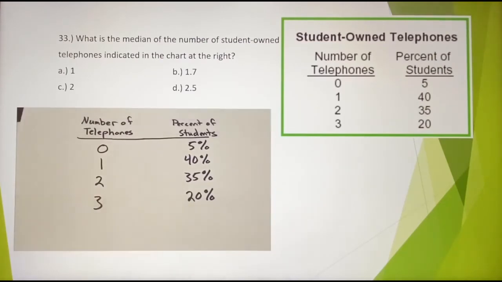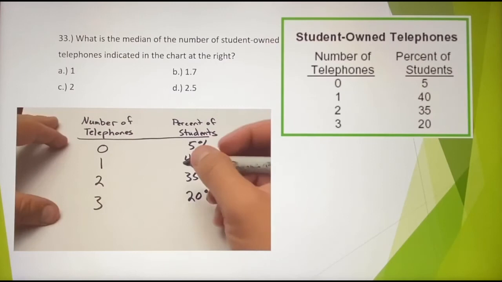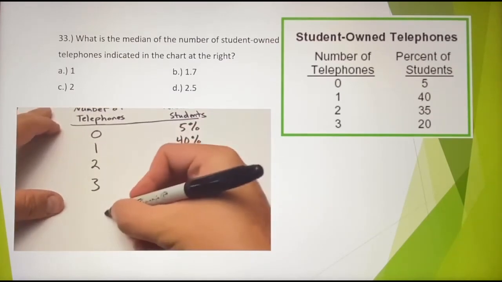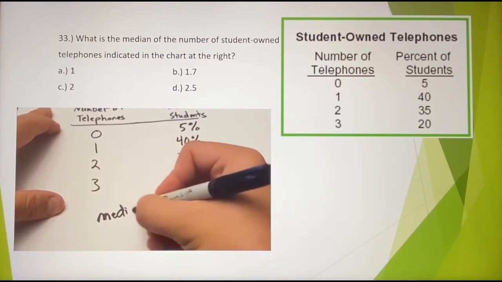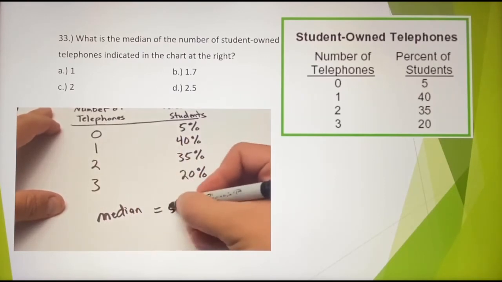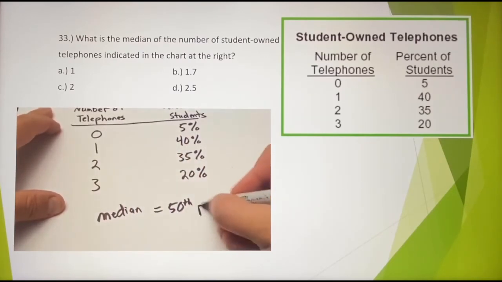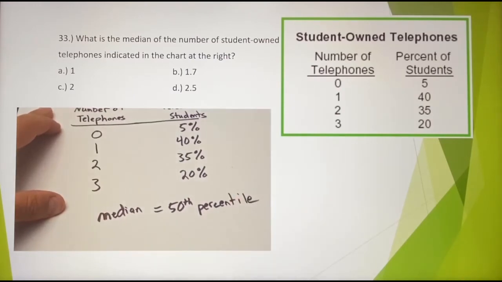Okay, what is the median of the number of student-owned telephones indicated in the chart? Well, the median is sometimes referred to as the 50th percentile. It's right in the middle.